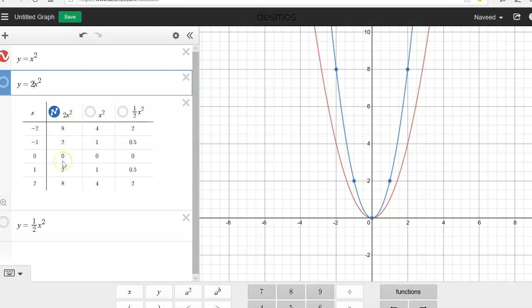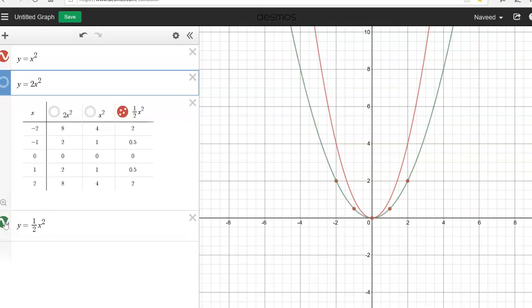Now in comparison, what if I click on that and initiate the half and graph that? Here is the graph, and look what happens between x squared, the original function, and the new function values. Now the y values are all halved. You see that?